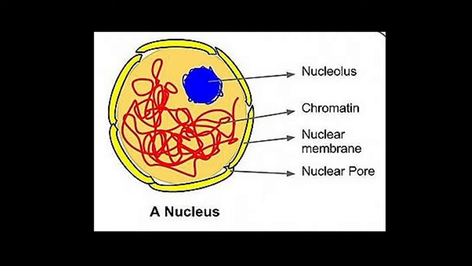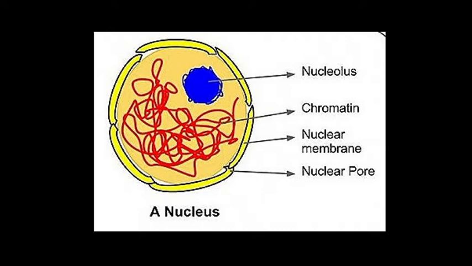Okay, and these genes are located in the nucleus in the form of chromosomes. If you talk about the chromosomes, during the growth phase of the cell, the chromatin, the structure of nucleus, condenses into a much thicker structure, and that we call chromosomes.